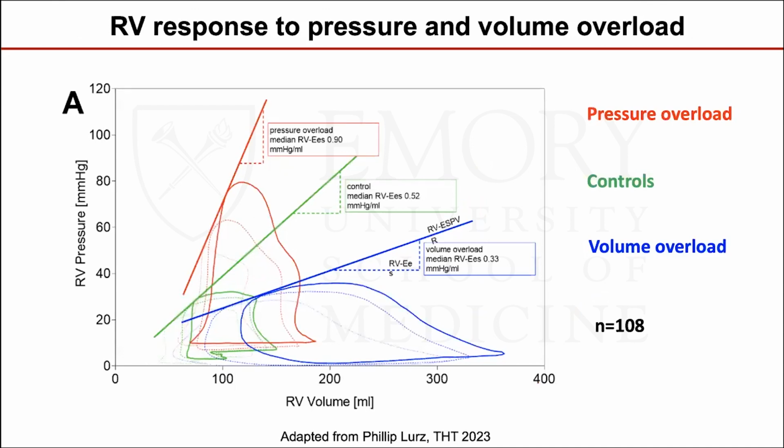This is another figure that shows that the ES-PVR relationship is the steepest with pressure overload, whereas it's not as steep with volume overload, showing that the RV can maybe adapt to pressure overload and respond with increased contractility just fine.